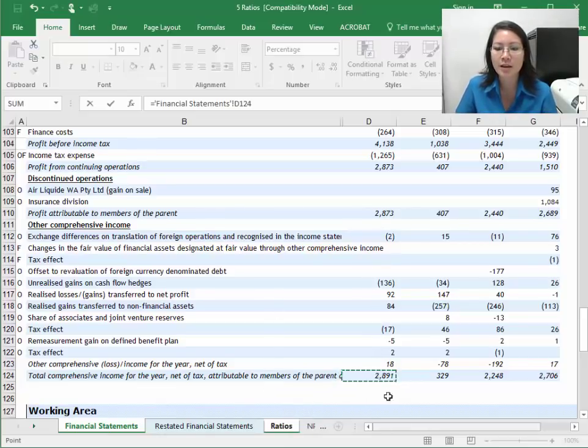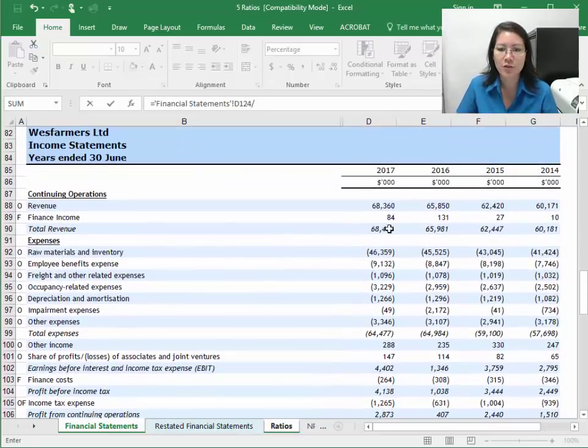Now you could take this profit as well and we wouldn't mark you wrong. So this is our profit and loss before comprehensive items. This is our final net profit after comprehensive items. So I like to use the very, very last one. So that divided by our sales, which for me is revenue. Now I could include total revenue, or I could just include my main revenue.